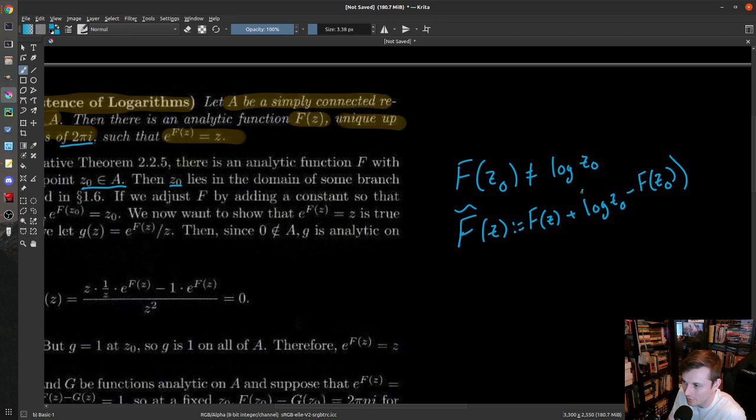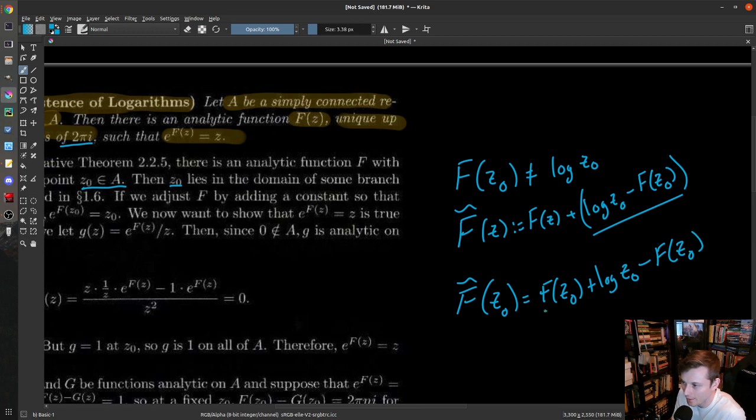This is just a constant right there. And so when you do f tilde of z naught, you'll get f of z naught plus log z naught minus f of z naught, and these two cancel out, and there you go.